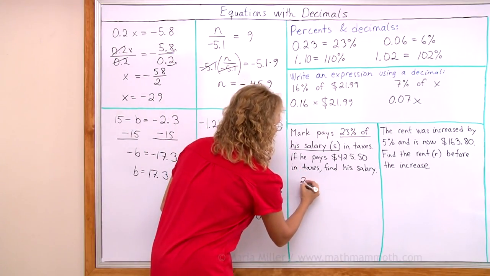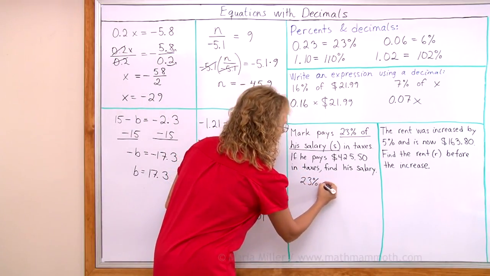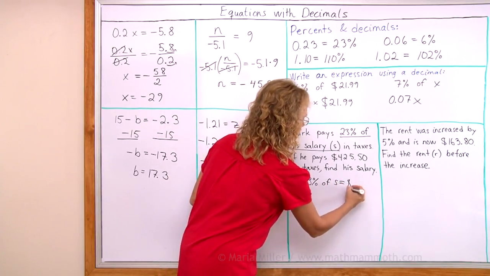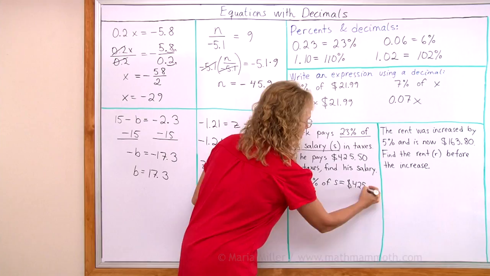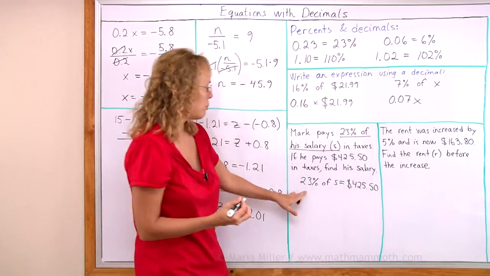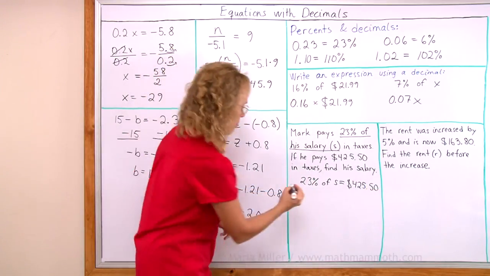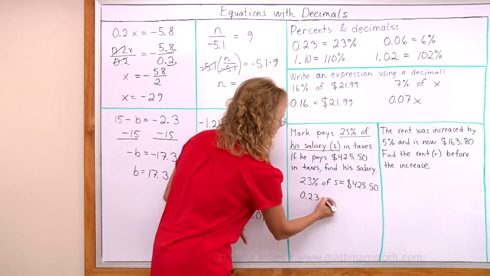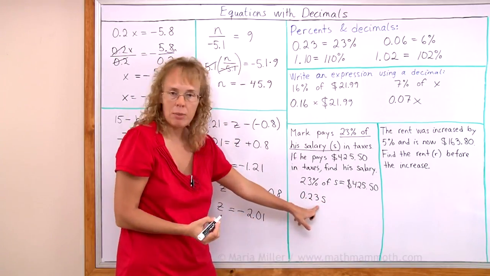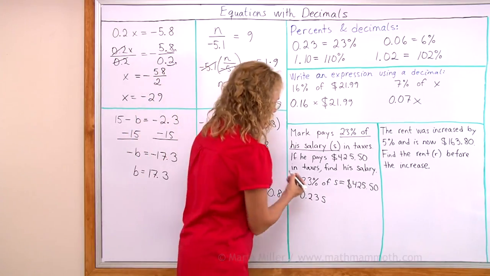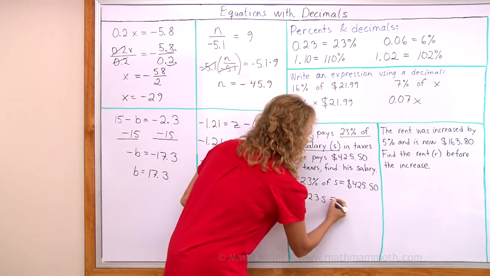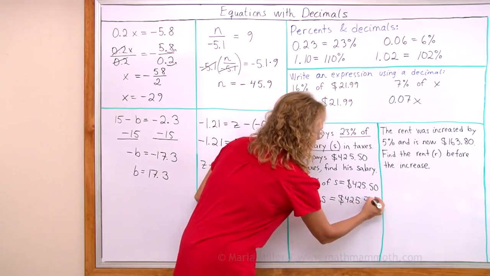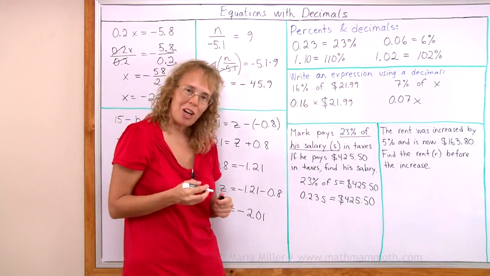So at first you can think of it this way. 23% of his salary S equals this money amount. But now we just write this with a decimal. Okay, 0.23. And "of" is the multiplication, but we don't need to write the multiplication symbol here. Just put 0.23S equals this money amount. And now the equation is ready to be solved.